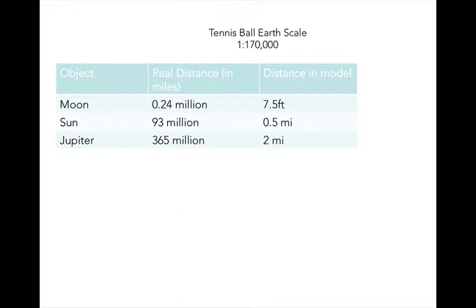The Sun at 93 million miles and a half mile, respectively. Jupiter at 365 million miles and 2. Pluto is about 10 times farther away from us than Jupiter, 3.7 billion real miles, or 20 miles away from the tennis ball in our scale model.